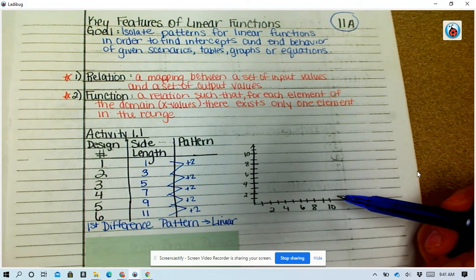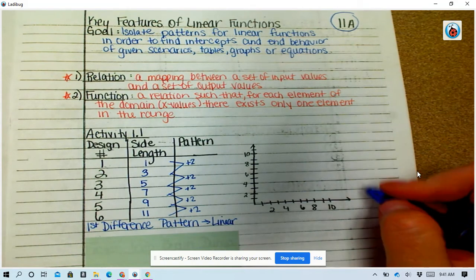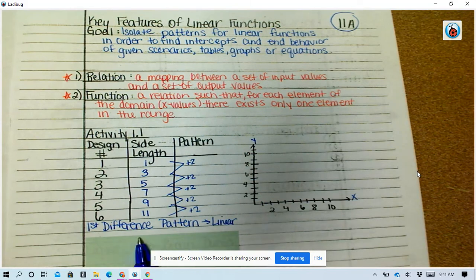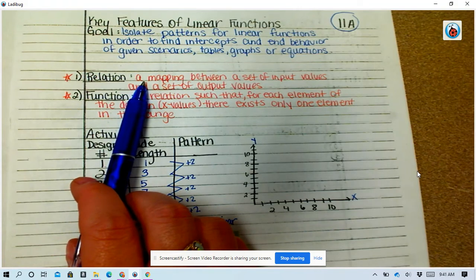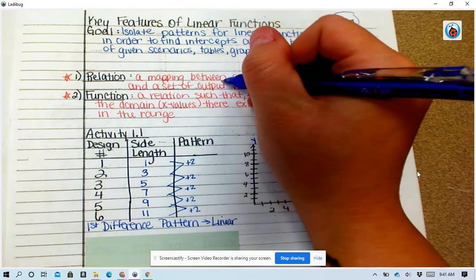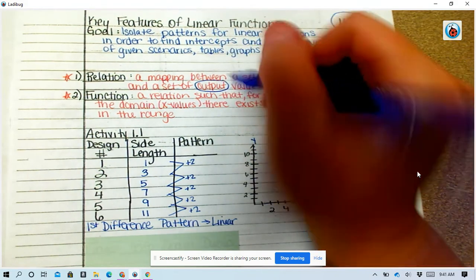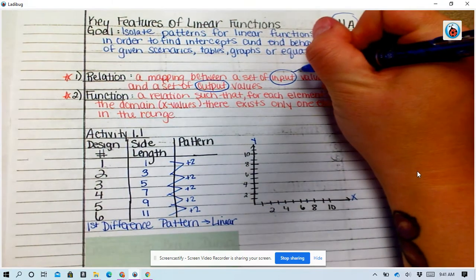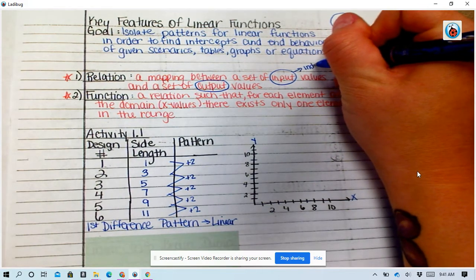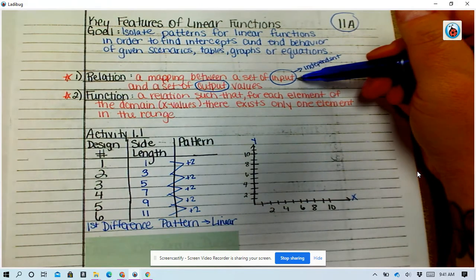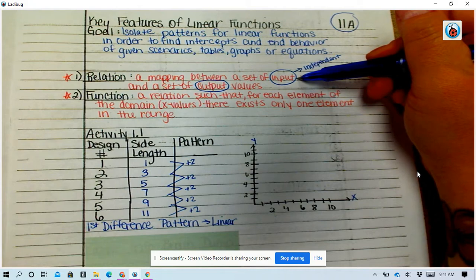So the first thing we have to do is label our x and our y axes with some kind of label based on our table. So let's connect this with the word relation. A relation is an input and an output. The input you can also think of as your independent variable, or what number is going to change no matter what.